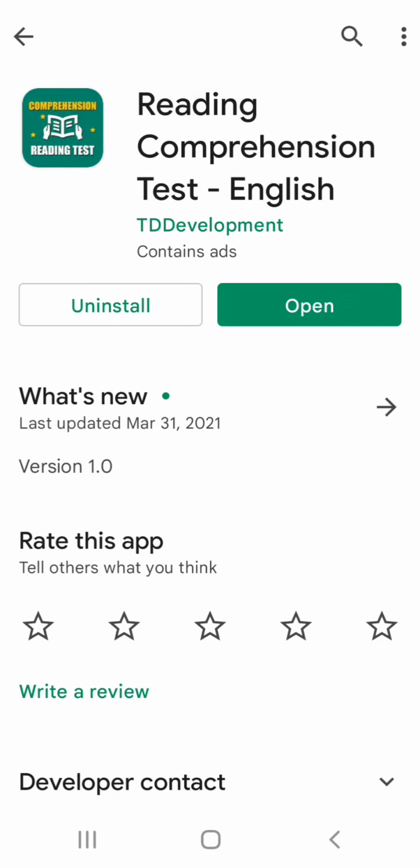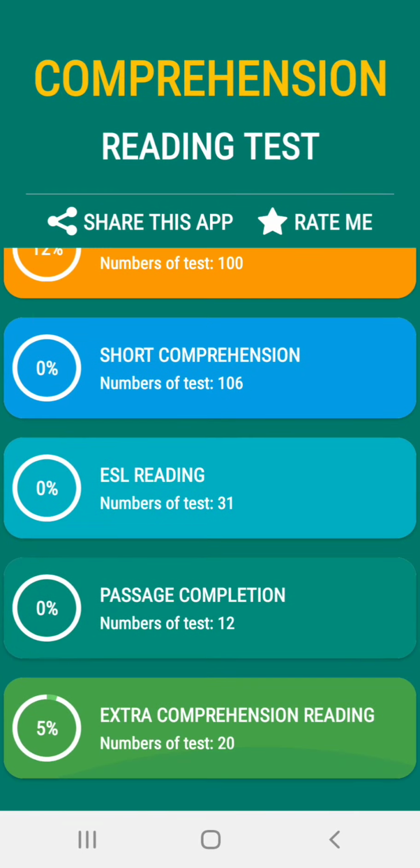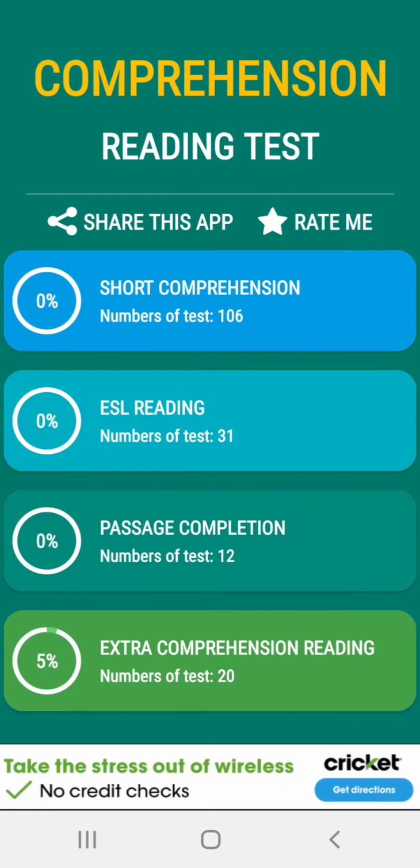Now I'm gonna open the app so you guys can see what I'm talking about. Upon entering the app, you have practice by levels, short comprehension, ESL reading, passage completion, extra comprehension reading.